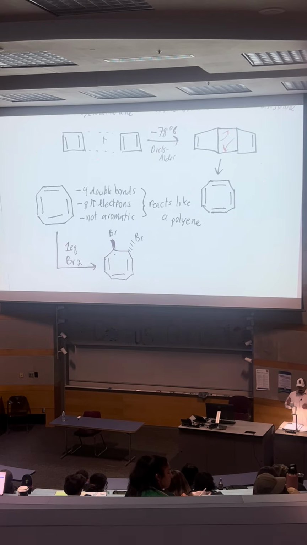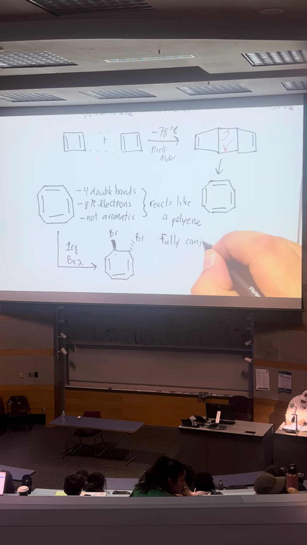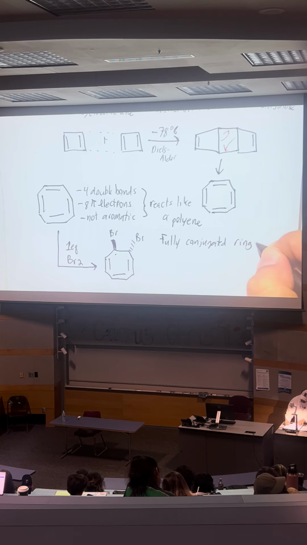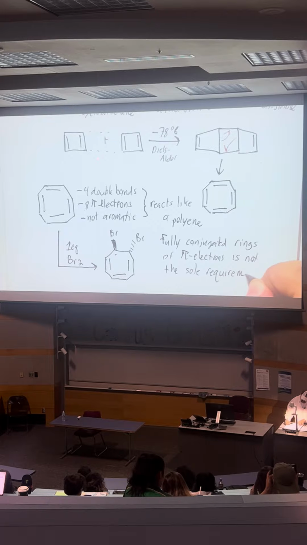Right? And so the point of this particular page of notes is so I can make the following statement, right? Is that fully conjugated rings of pi electrons is not the sole requirement for aromaticity.